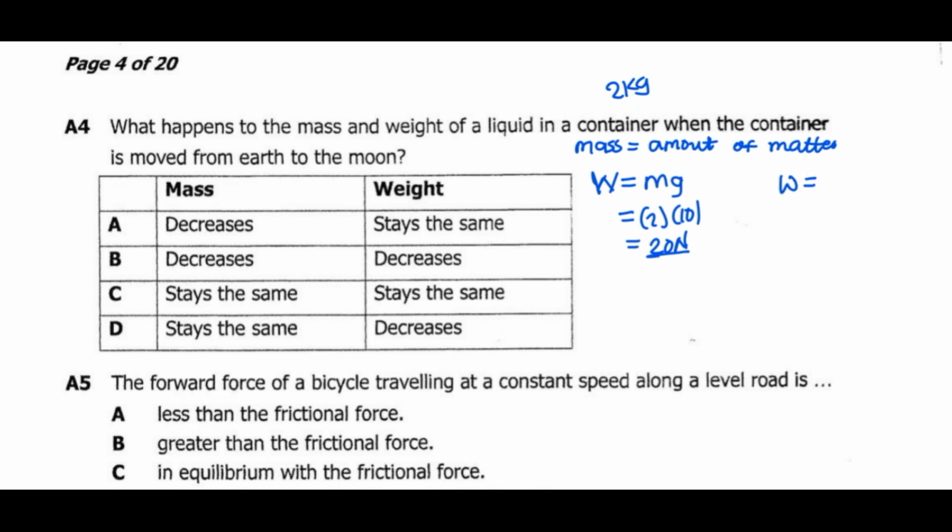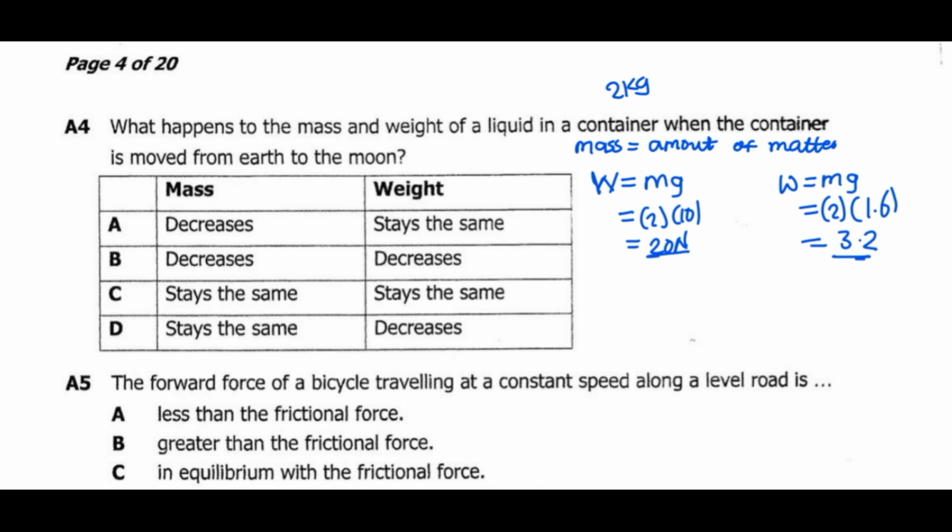Then if we look at the weight on the moon, this will be 2 kg, since we said mass will not change. Then the gravity is about 1.6. So if we multiply 1.6 times 2, we are getting 3.2.